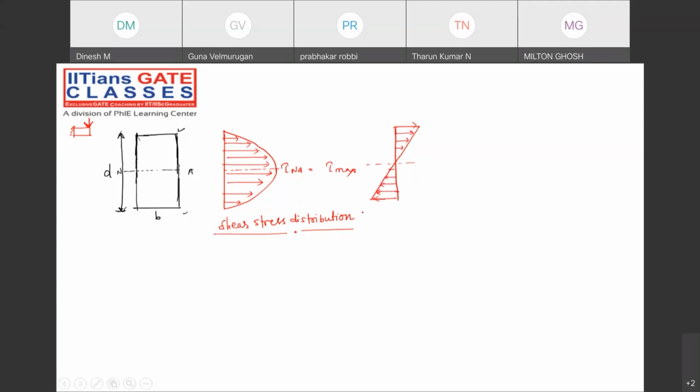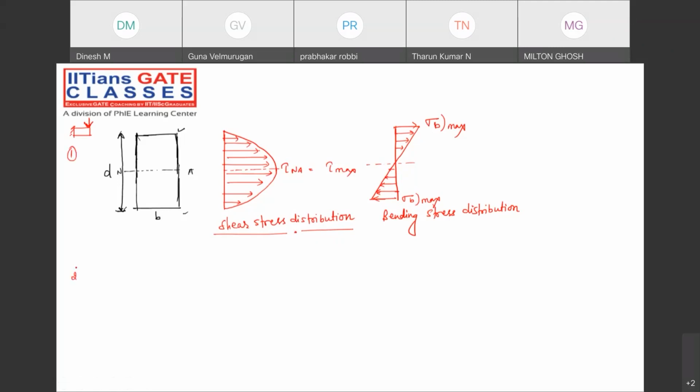Note down, very important, bending stress distribution, sigma B maximum. Note down, this is note number 1.